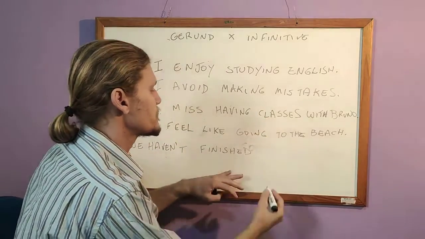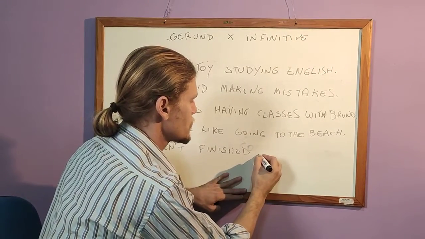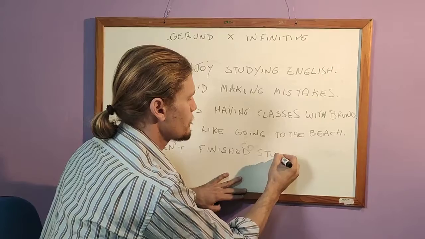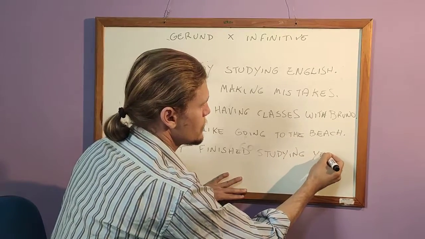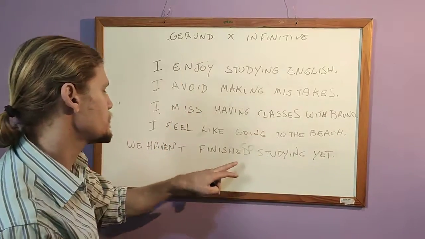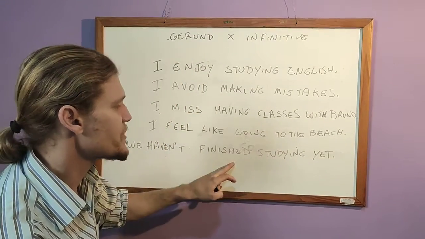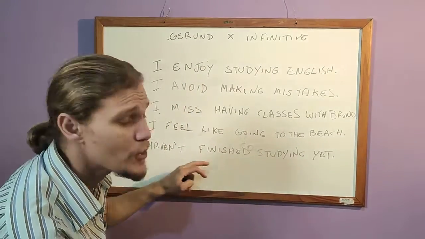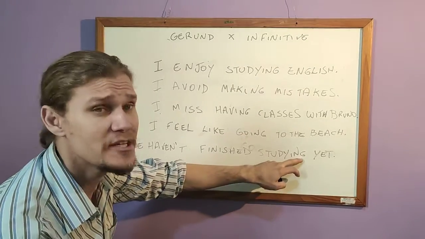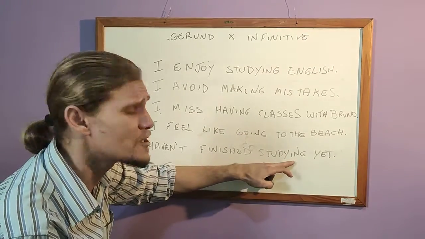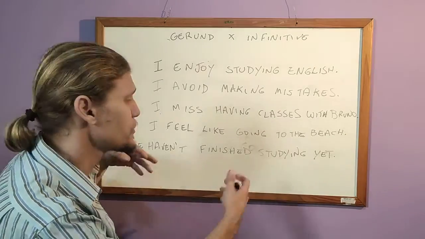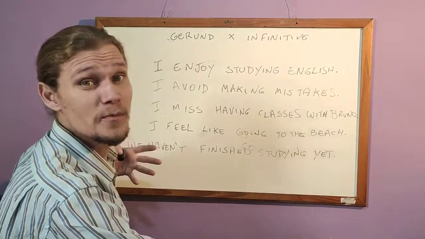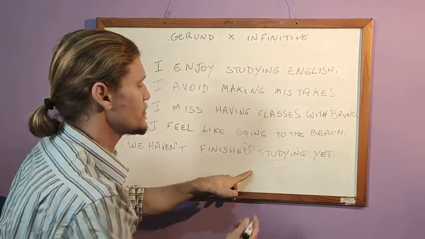We haven't finished studying yet. So you see, present perfect. This is not present perfect continuous because you have ing here. No, never. This is a verb. Okay? You don't see the to be here to put the sentence into a continuous form. So this is gerund. Okay?